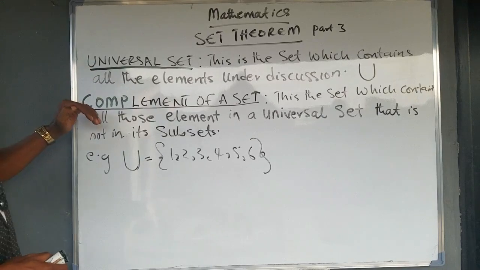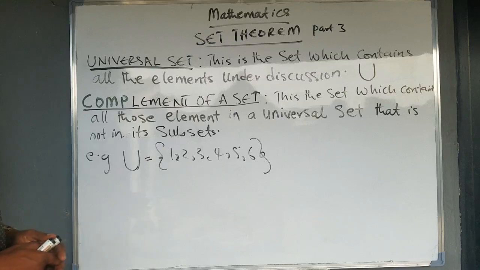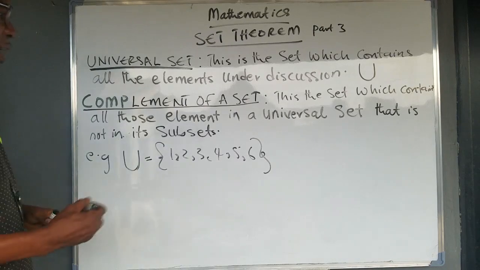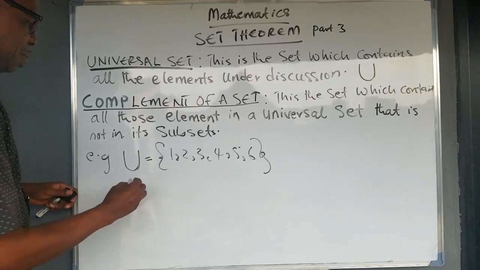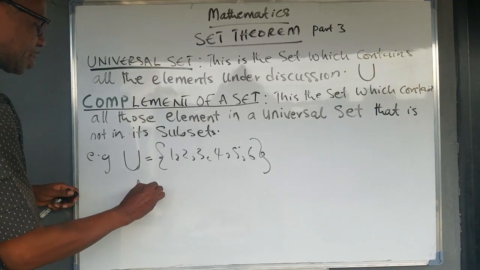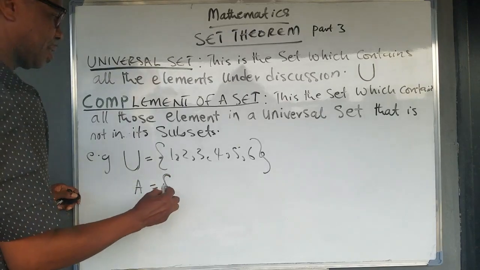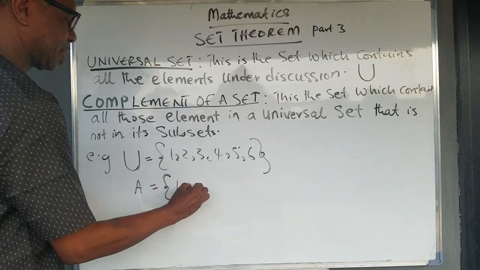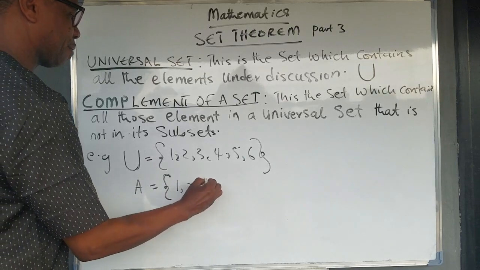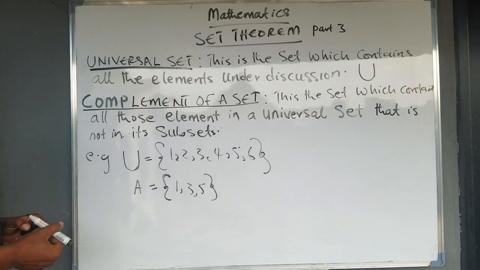It's only discussed when there's a universal set. Now, let's say that this universal set has subsets. Let me call it subset A. We'll cover subsets in part 2 of this video.